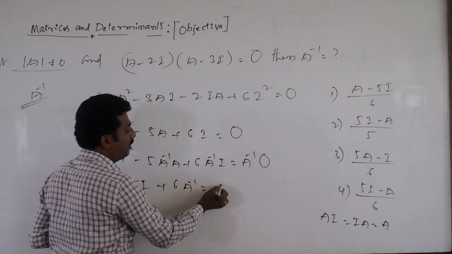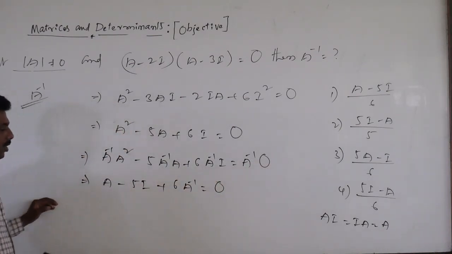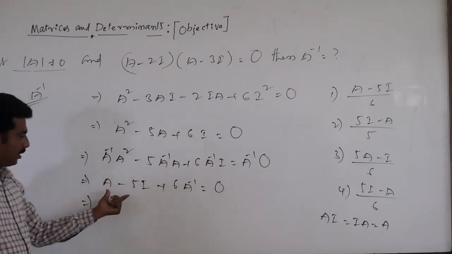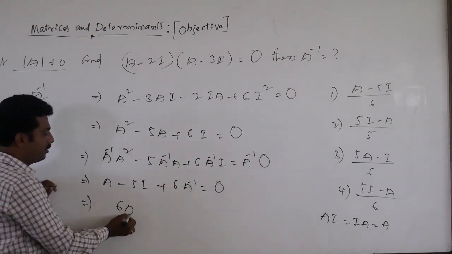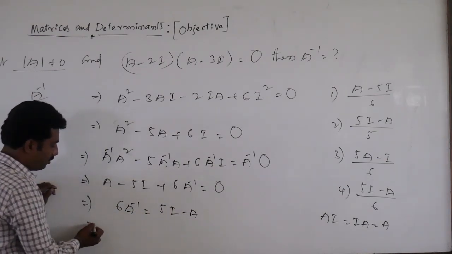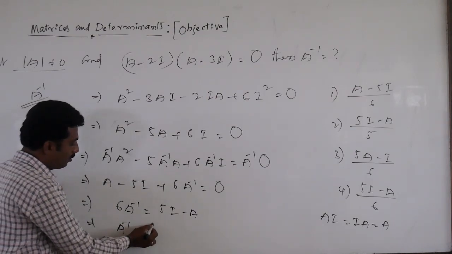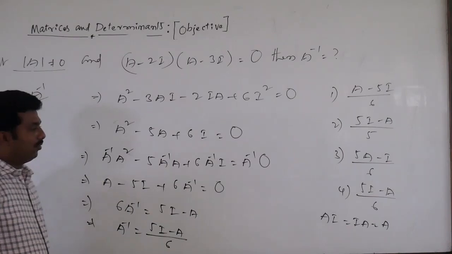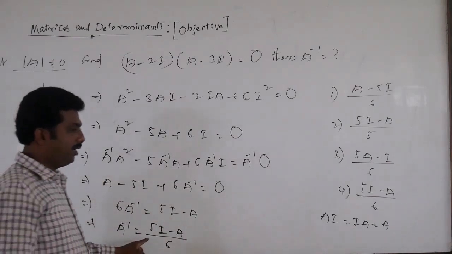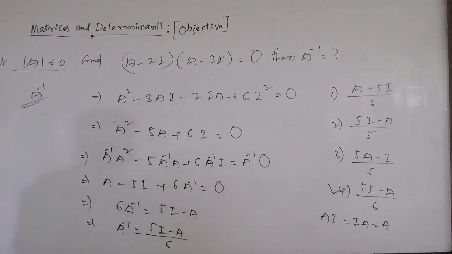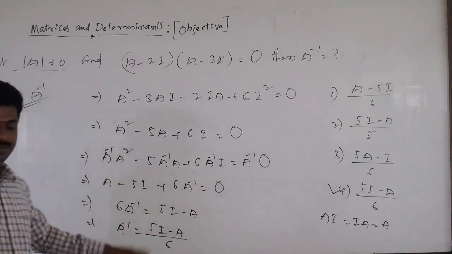A inverse into the null matrix means the null matrix. We need A inverse. Keep 6A inverse as it is, then send these terms to that side: 6A inverse equals 5I minus A. So A inverse equals (5I minus A) divided by 6. That is how we got it. This is the way of answering these types of questions.